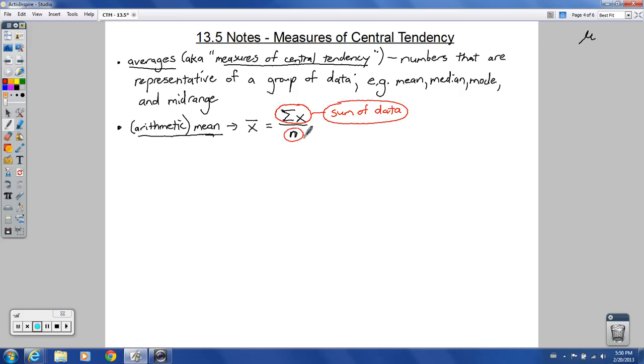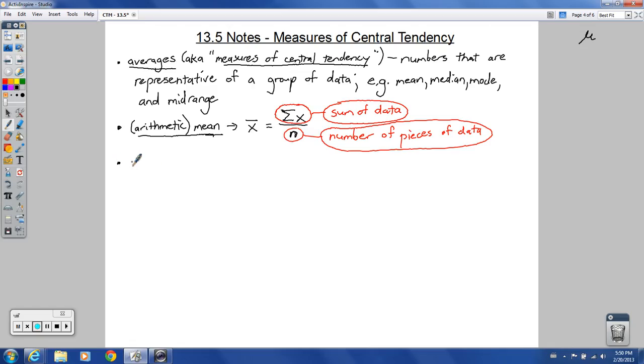And then this number, N, represents the number of pieces of data. It's the number of numbers that there are. So number of pieces of data. That is what the N stands for. Okay, so just like you probably were thinking, it's the sum of all the numbers divided by how many numbers there are. That's another way to say the same thing.